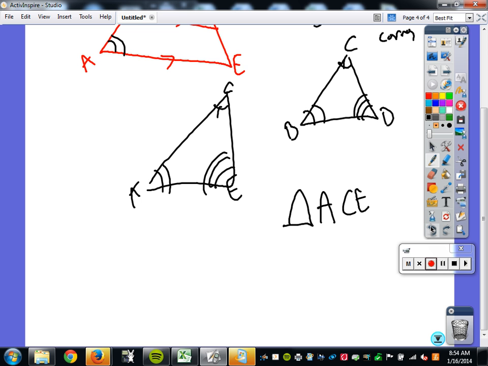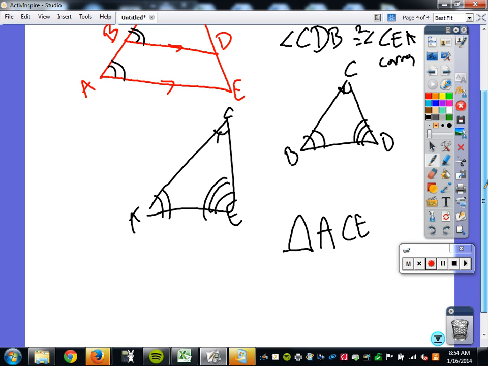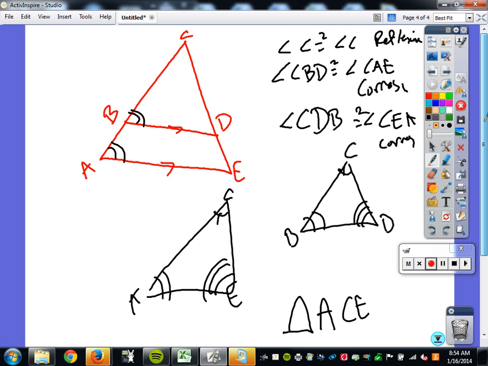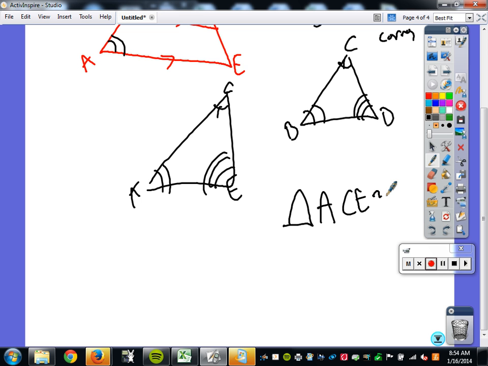We can't say they're congruent. We don't know that the side lengths are the same. Well, because first off, look at that. Are the side lengths the same? No. So we know they're not congruent, but we believe they are similar to. Okay, so B, C, E. Does that make sense to everybody? We okay with that?